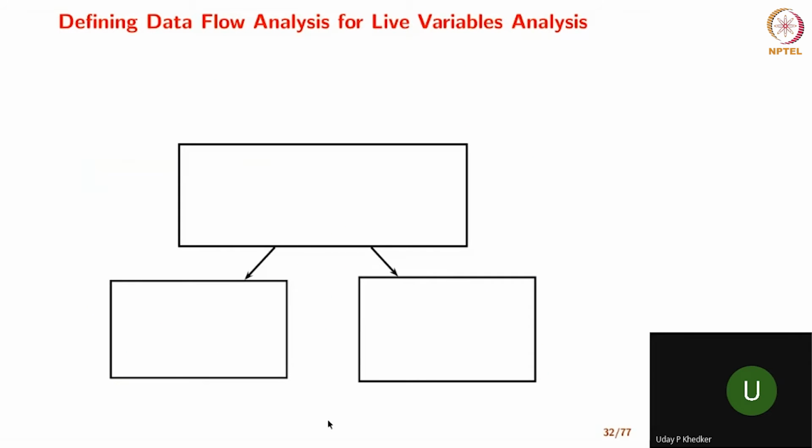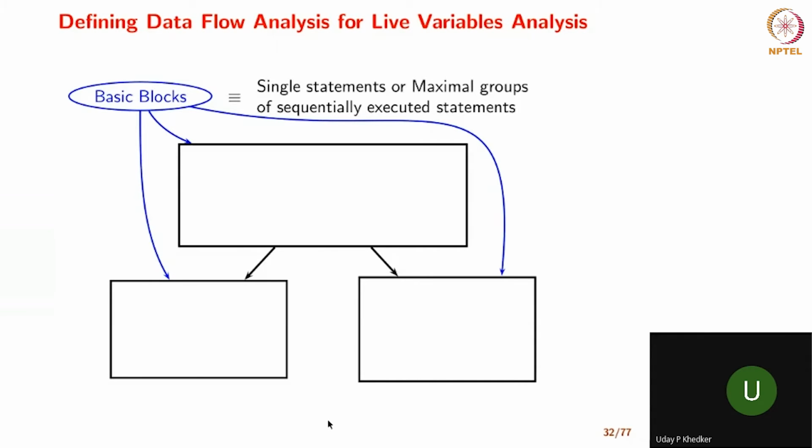So how do we define flow analysis for live variables analysis? We define it inductively, as I said before. We define the set of live variables before a basic block in terms of the set of live variables after the basic block. We identify basic blocks within the program, and these edges indicate control transfer between basic blocks.